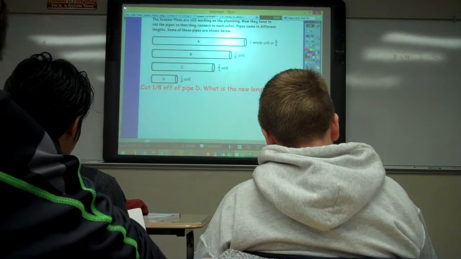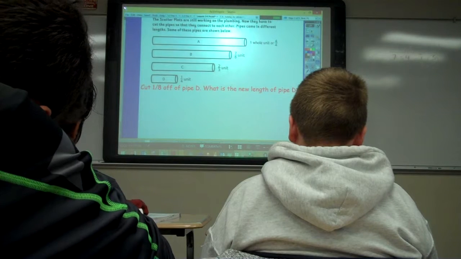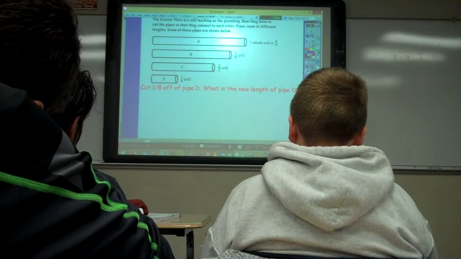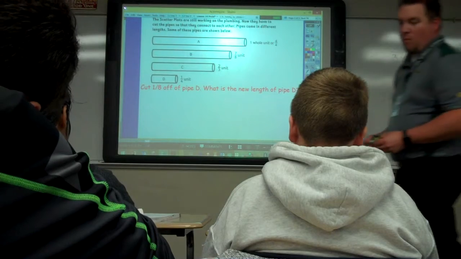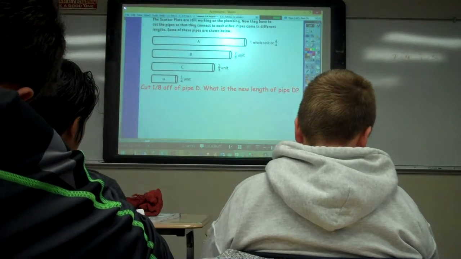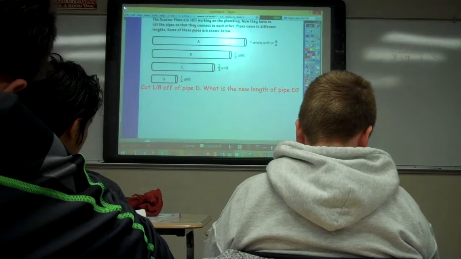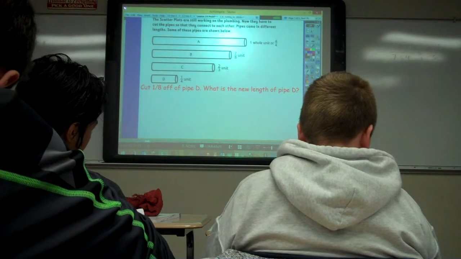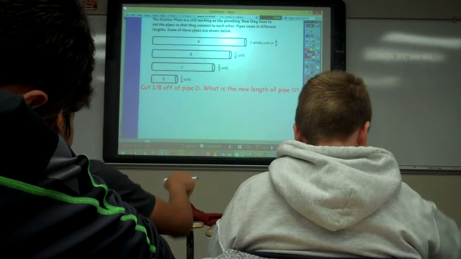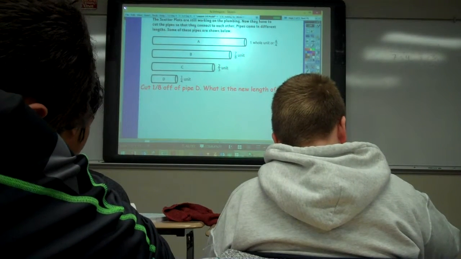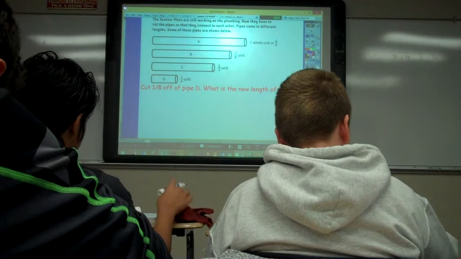You might have to change your fraction here. So we have to rewrite it after we change the fraction.